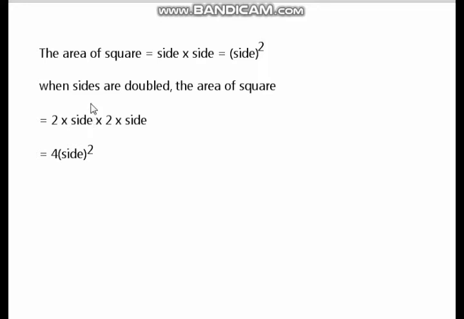And when we double the side, the area of the square is equal to 2 into side, double the side, so we multiply by 2 and 2 into side, so the answer will be 4 into side square. That means if we make the side of the square 2 times bigger, the area becomes 4 times bigger.